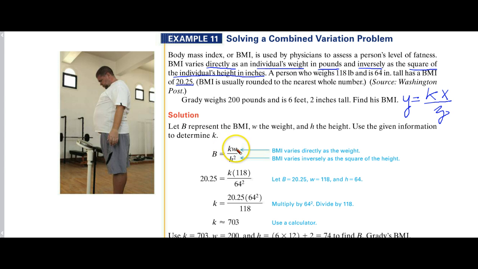The weight will replace the X, and the Z is replaced with the height that is squared. This is what over time the scientists have found to be a good measure of this. So we have this body index. We don't know the K. We're substituting the 118, 64 squared.